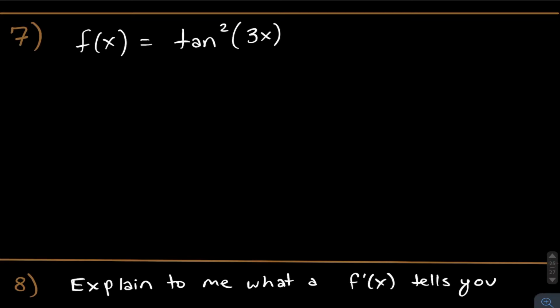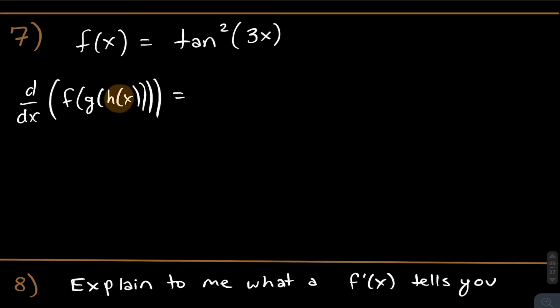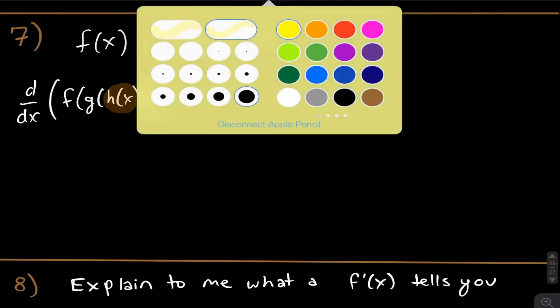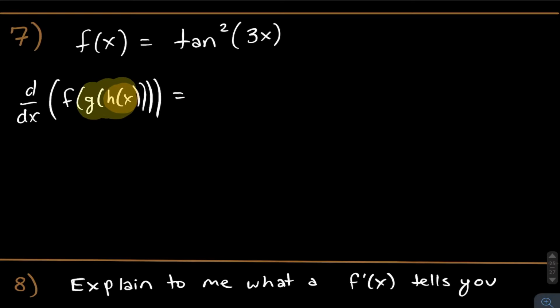So instead we can kind of rewrite our chain rule as the derivative of f of g of h of x. So it looks really, really insane, right? But all this really means is a function inside a function inside a function. And I'll even highlight that to make more sense. A function inside a function inside a function.